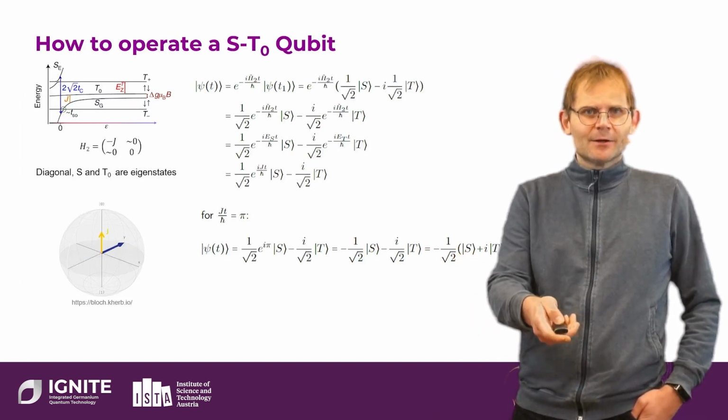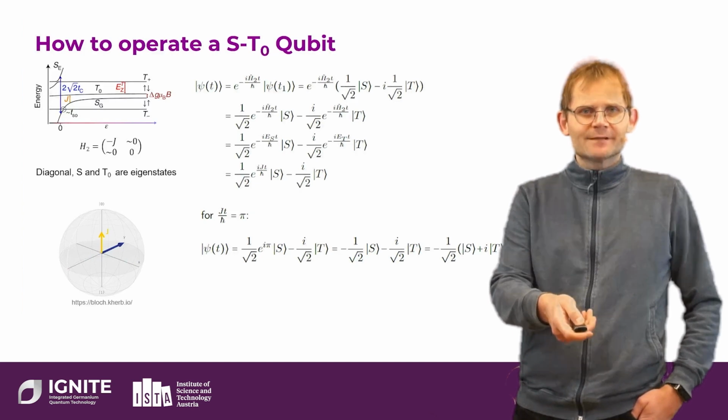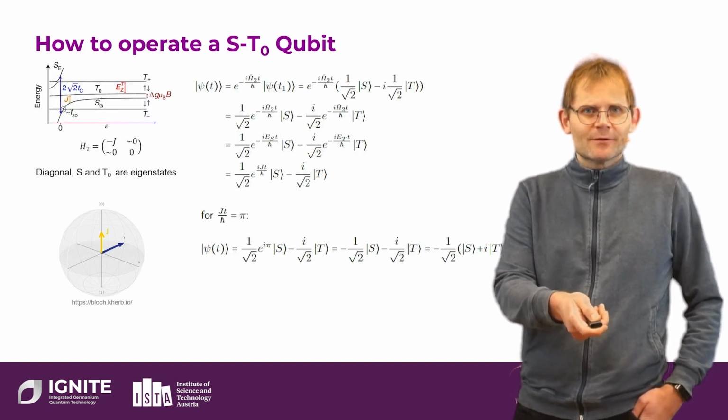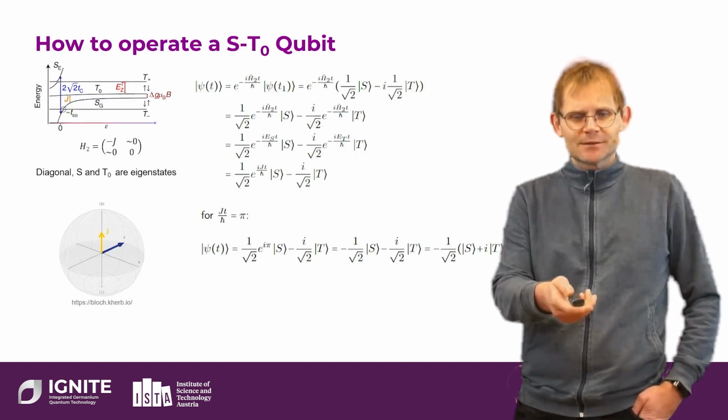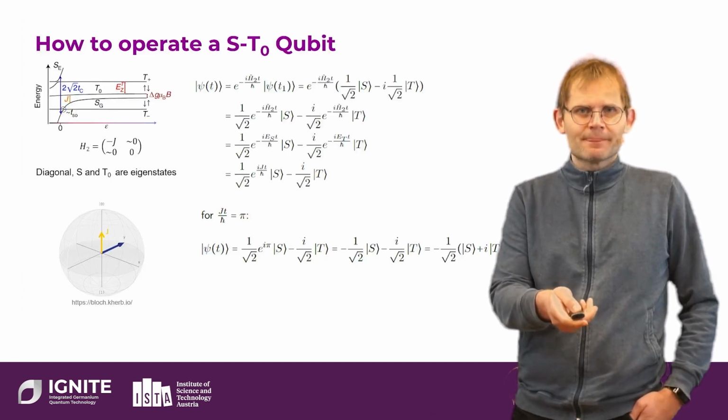So effectively, what we see is that we have now done a Z rotation. The exchange interaction allows us to do Z rotations.